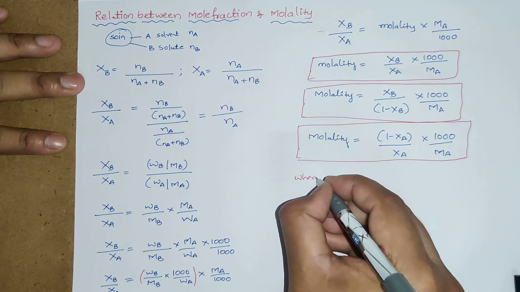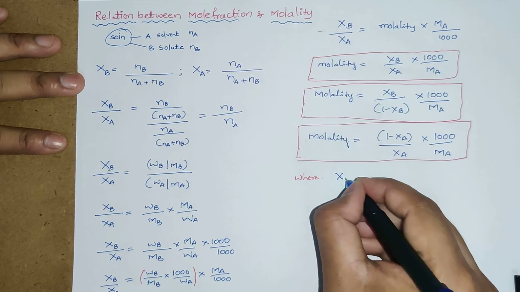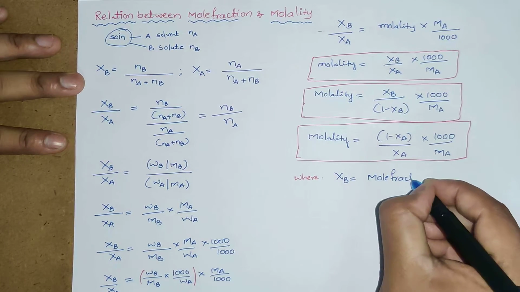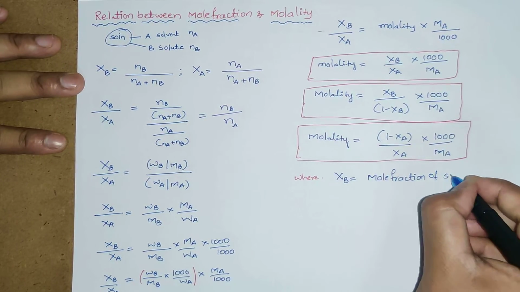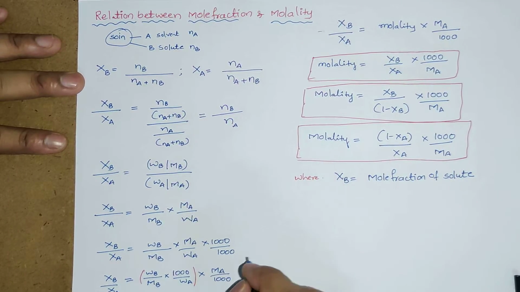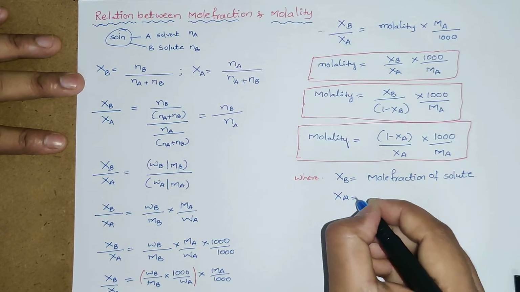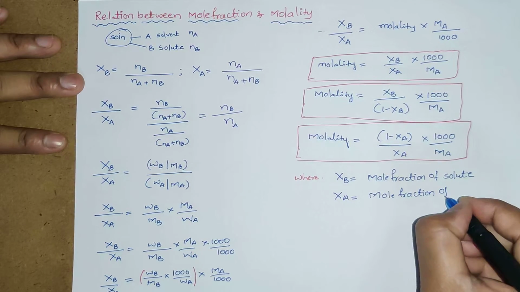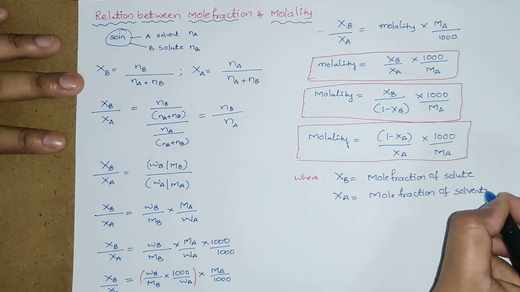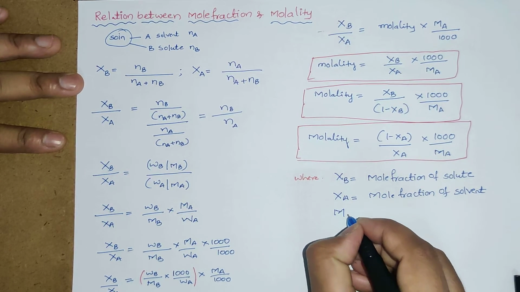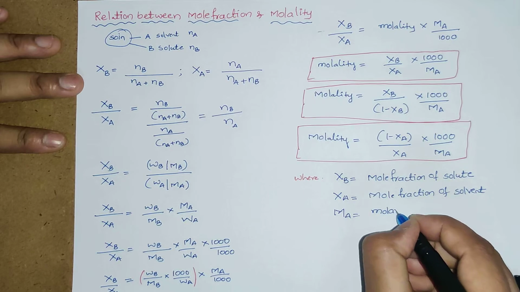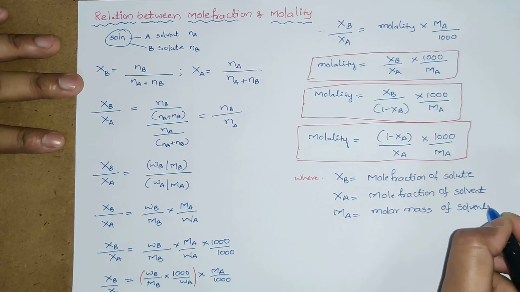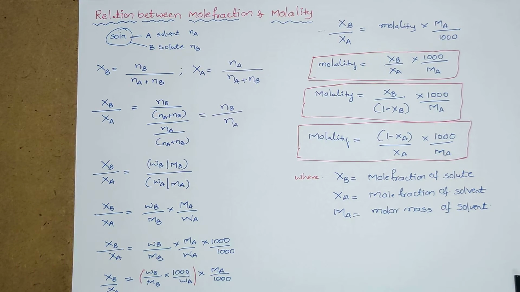Where Xb is equal to mole fraction of solute, Xa is equal to mole fraction of solvent, then Ma is equal to molar mass of solvent. So this is the relation between mole fraction and molality.